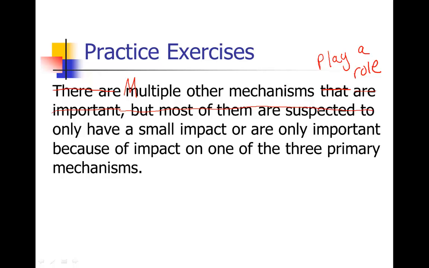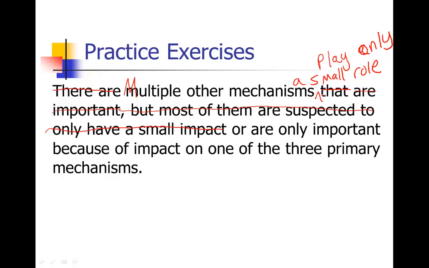So what I'm going to do here is be really direct and say "multiple other mechanisms play," and instead of saying "the small impact," I'm going to say "play only a small role." So how about that, right? There I'm capturing the idea that some of them only have a small impact. So: multiple other mechanisms play only a small role, or, and then we can go right into "they either play a small role or they're working through one of the 3 primary mechanisms."